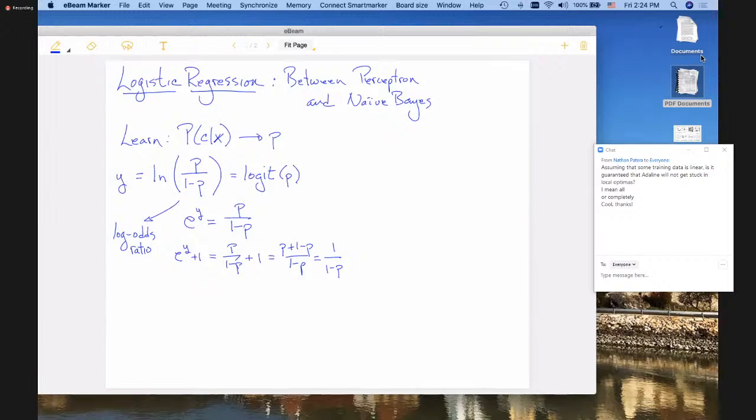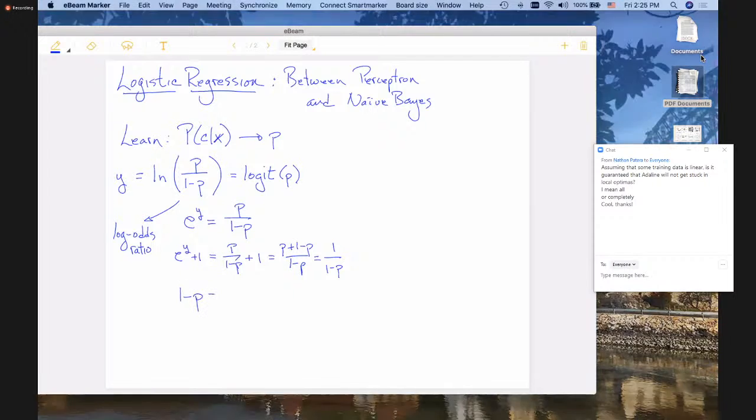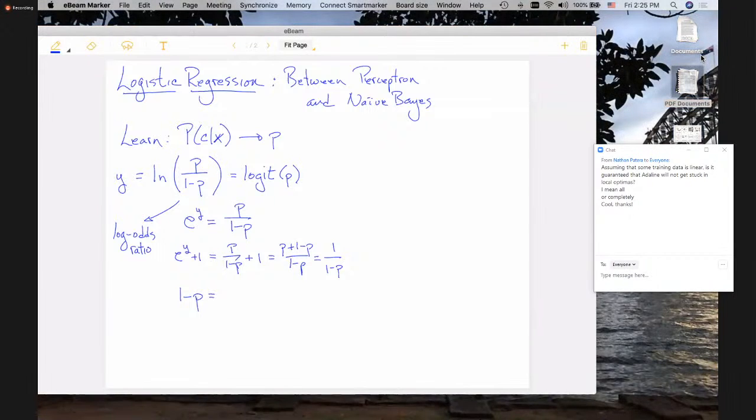Now, I'm basically going to just take the reciprocal of both sides, but another way you can think about it is multiply both sides by 1 minus p over p, and then divide both sides by e to the y plus 1. When we do that, we get 1 over 1 plus e to the y, which is starting to look familiar. It's almost like our logistic function, but it's not quite.